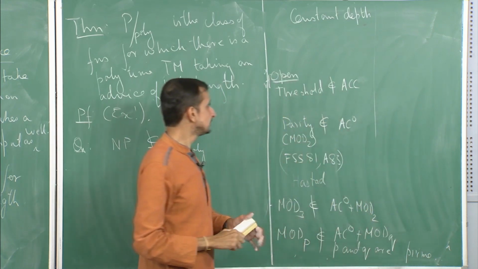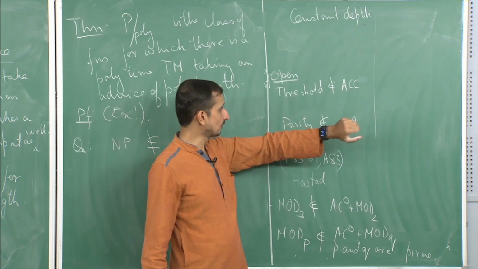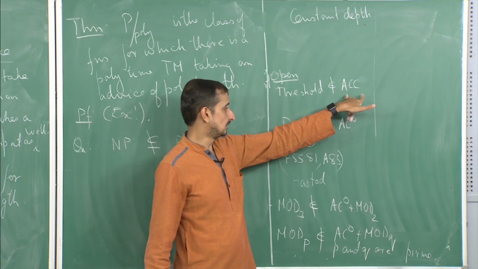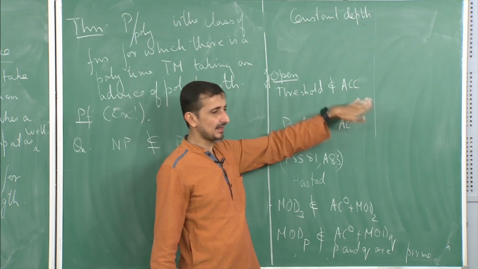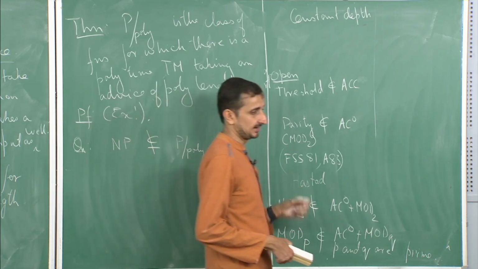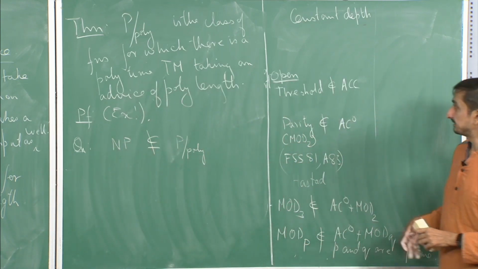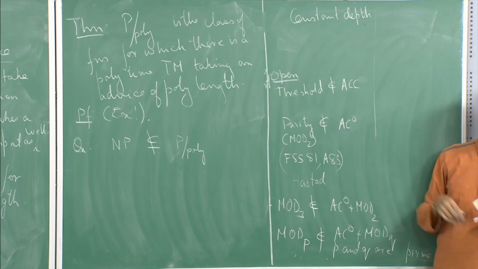So, what is ACC? ACC is the class of all functions for which you have AND, OR, NOT and any mod gates, okay. You can take any mod gates that you want. And it is even hard to compute threshold functions with this.